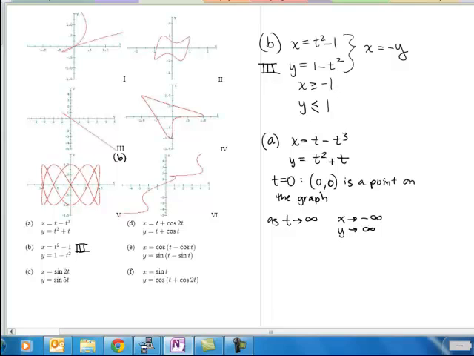So the graph would be moving left and upward in an unbounded way. And as t goes to negative infinity, x would be unbounded because the opposite of t cubed would be large positive, and y would still be unbounded in the positive direction. So we would have right and upward motion.